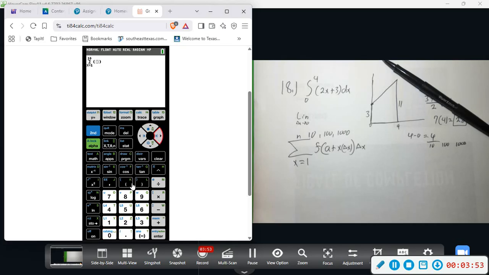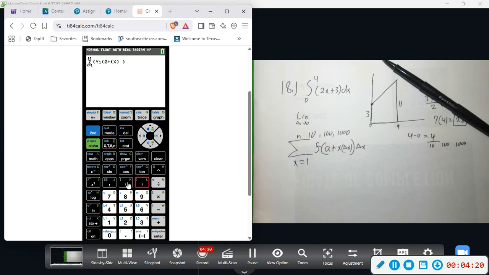We're going to recall our function, Y bars. And then in parentheses, our lower limit was 0, 0 plus our x value.